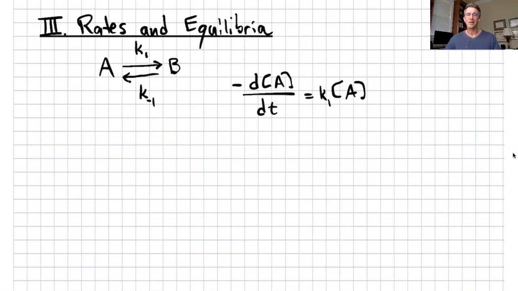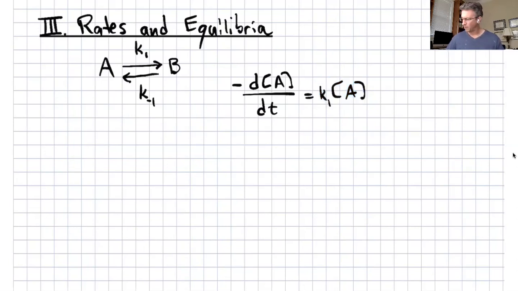But now we got another one. Shoot. We're not only losing A, we're making it. That means we got an input. If this part of the equation, the way I've drawn it, describes the output, the loss, the pipe going out, if you want to think back to my water tank analogy, the problem now is we got a pipe coming in, right?